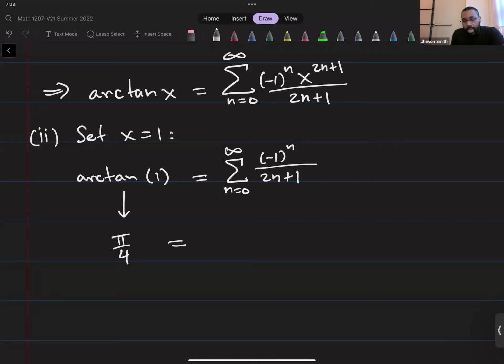Now, if I start writing out what this series on the right is, it's just alternating signs of fractions where the numerator is always 1, but switches sign. The denominator is just odd integers. So this is going to be 1 minus a third plus a fifth minus a seventh plus a ninth, like that.